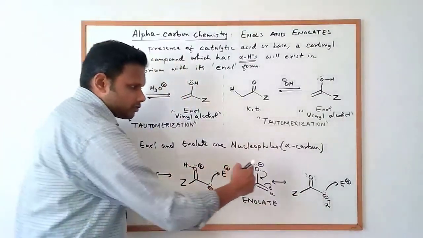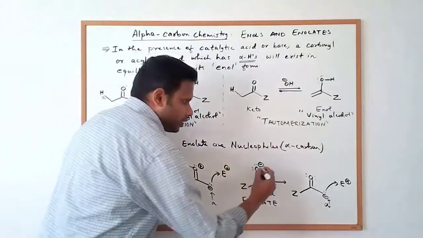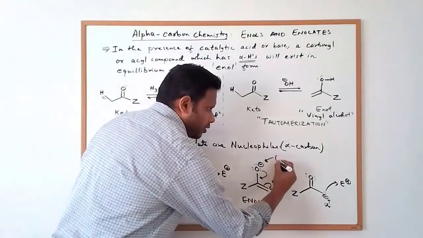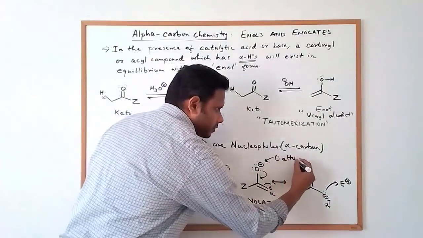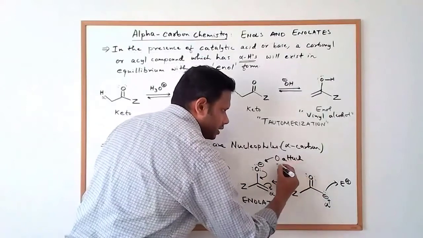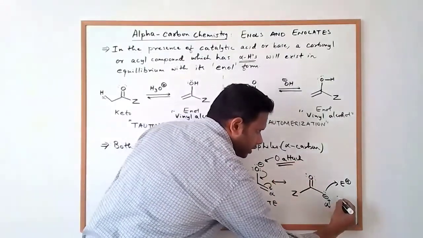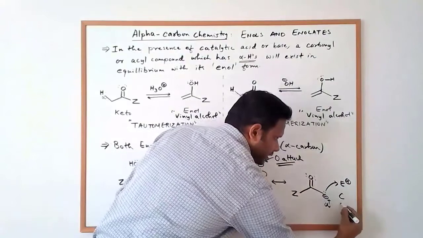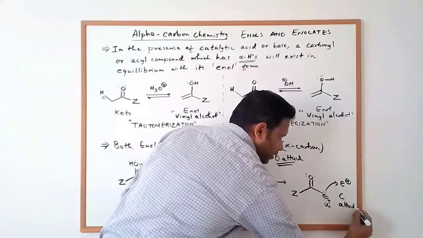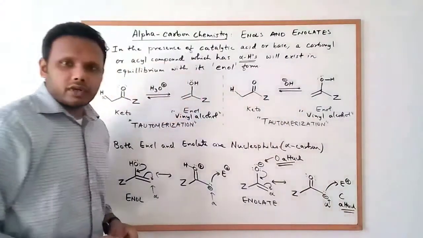So from an enolate, you can get an O attack, where the oxygen is the nucleophile, or you can get a C attack where the carbon is the nucleophile.